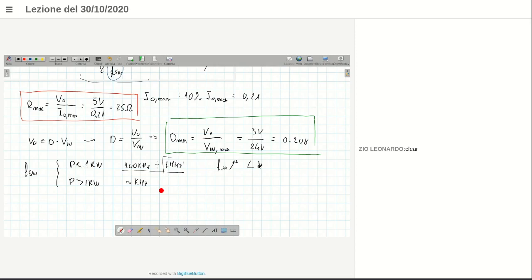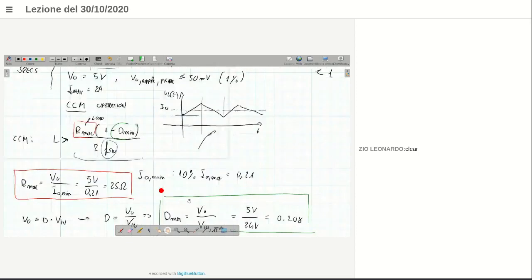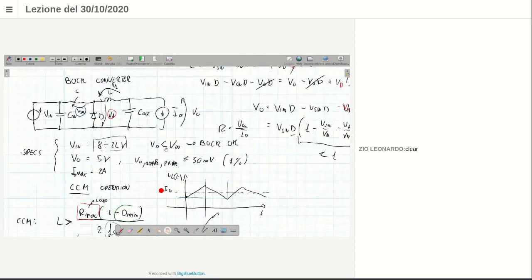Okay, this really depends on the application, but a general rule of thumb is that when the power is rather low, we can move towards high frequency. When the power is rather high, we have to go to lower frequency. One more thing, if we wanted to use transformers in our DC-DC converters, it is advisable to use a low frequency. In this case, we do not have any transformer.